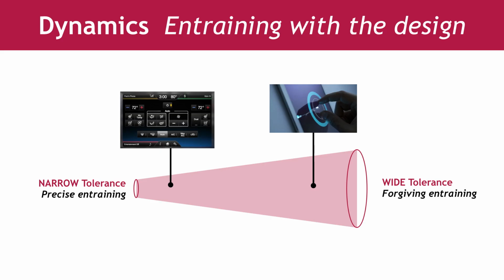So when we think about the precision to entrain with the system, to actually perform with the system, something like a more traditional graphical UI control panel has a very narrow tolerance for imprecision. You have to be really precise spatially to actually engage with the meaning of controlling temperature in your car.